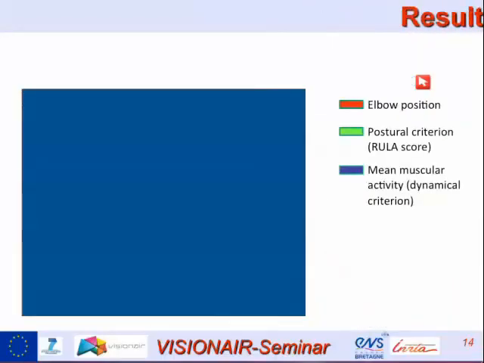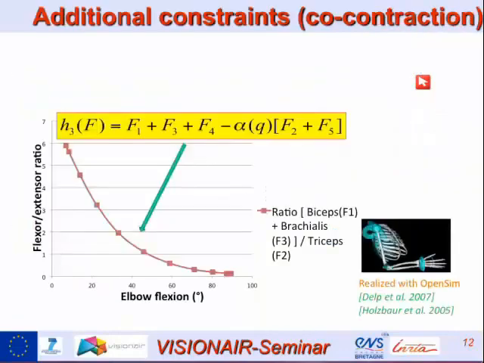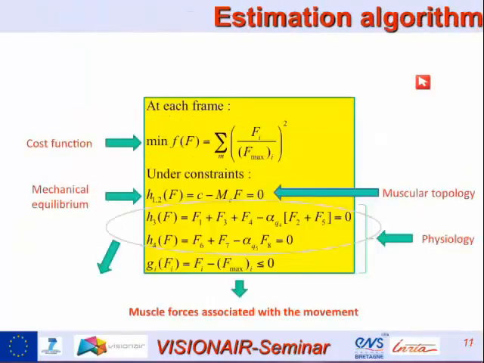Something I didn't say, I think it was somewhere here. This part of the algorithm is very time consuming, but we can at this point store the results of a lot of motion cases into a database, which we did also.